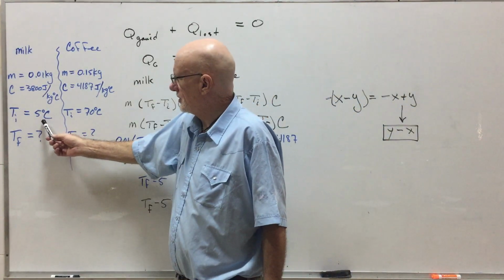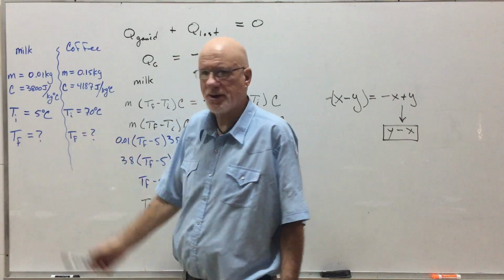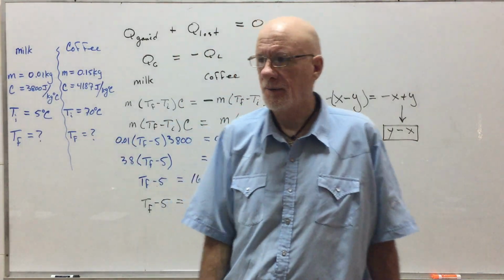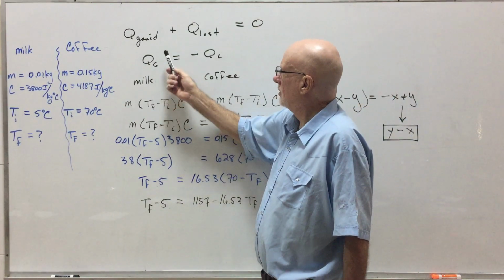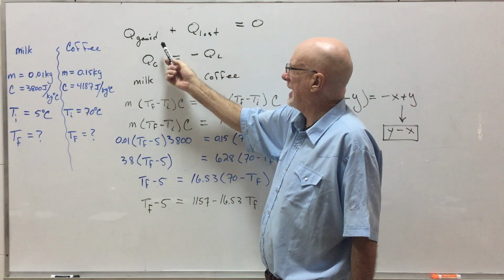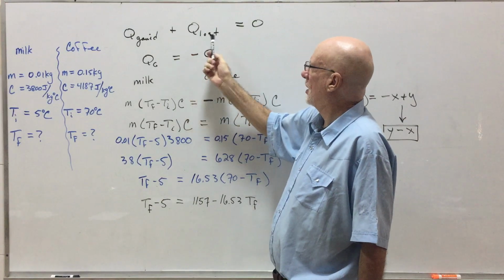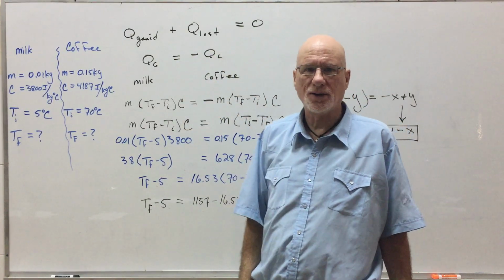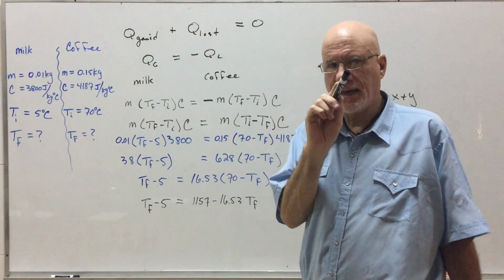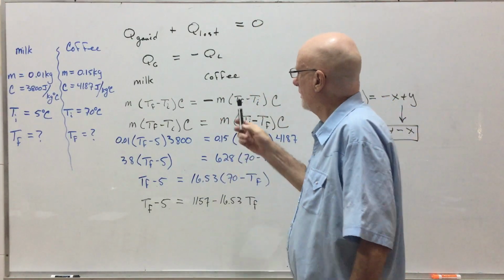Initial temperature 5 degrees Celsius for milk, initial temperature 70 degrees Celsius for water. So, because heat gain plus heat lost equals 0, heat gain is going to equal negative heat lost. That negative sign is going to become important.